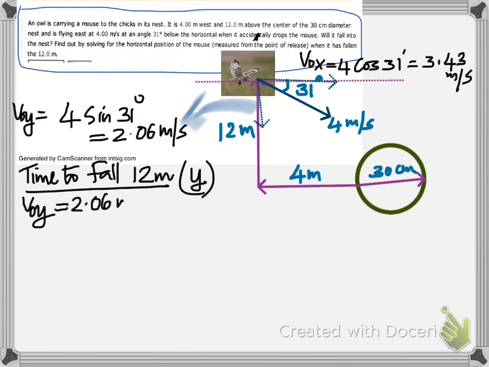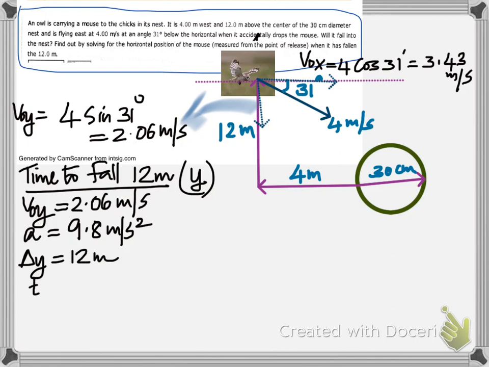The acceleration is 9.8 meters per second squared. The vertical displacement is, of course, 12 meters to the nest. And we are trying to find the time. So the equation is delta y is VOT plus 1/2 AT squared.